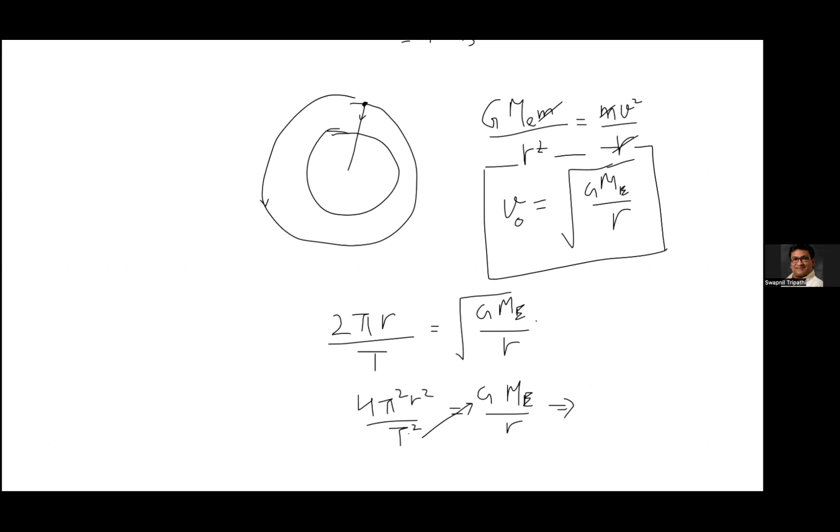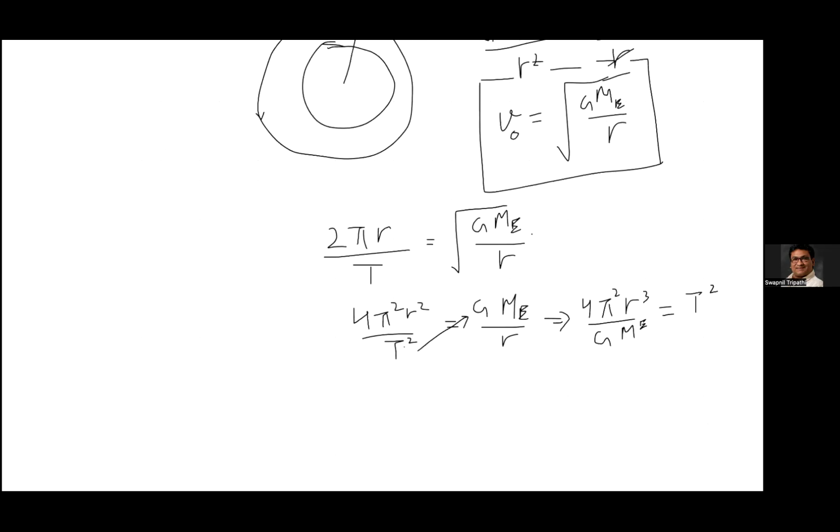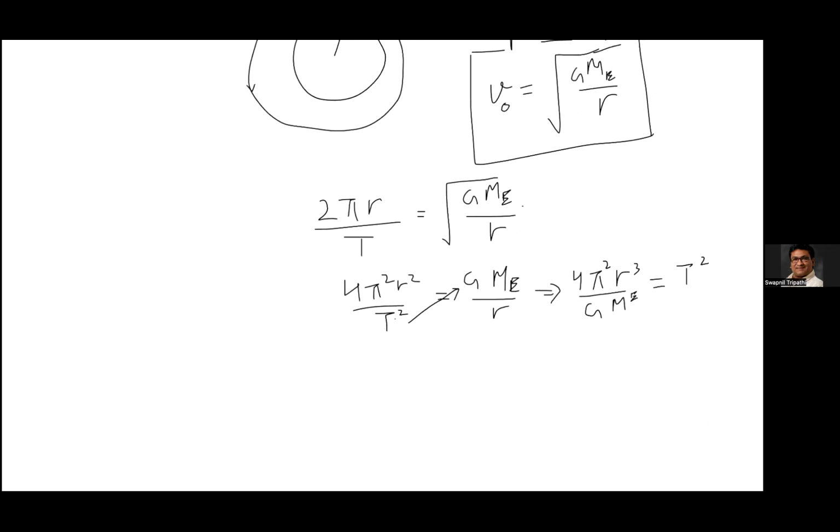And we'll get 4 pi squared r cubed divided by GM_E is equal to t squared. So this is an interesting relation, a relation between the time period and the radius of the orbit.